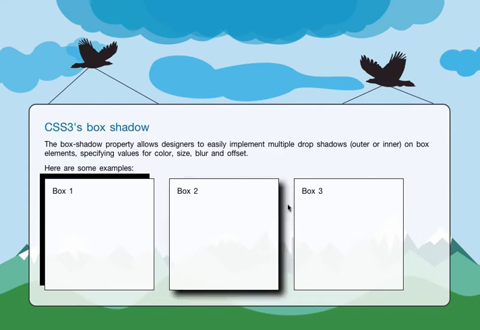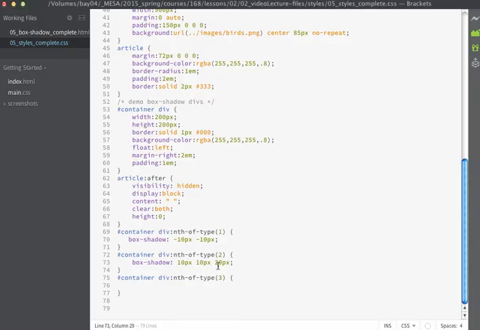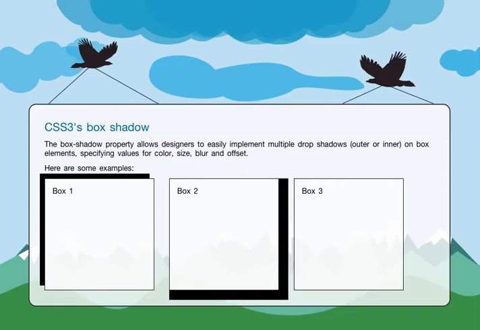more blurred and softer. In addition to this setting, you can also set the spread, which is going to control the distance of the shadow. Let's change the blur down to 0, and then let me put a spread of 10 pixels on my box. You can see that this shadow is much thicker than the shadow on box 1, even though they're both set to 10 pixels.